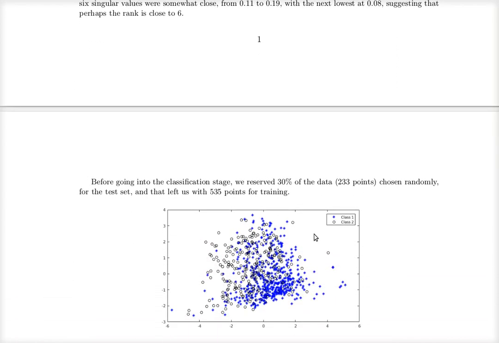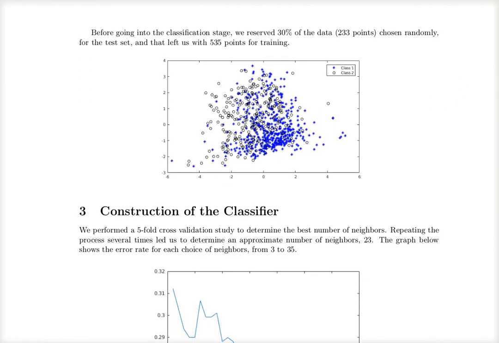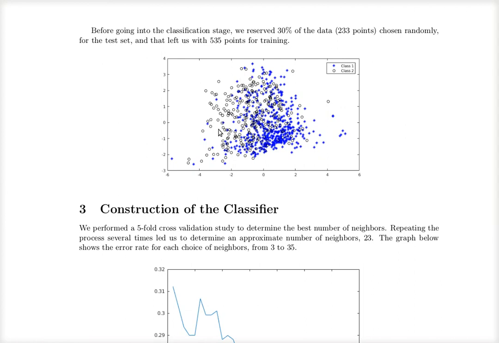Notice here that I even did a principal components projection to the first 2 basis vectors. That's always a good thing to show. It shows that there is some separation between the 2 data sets, the 2 classes I should say. So we have some reason to believe that there's something there that we can classify.